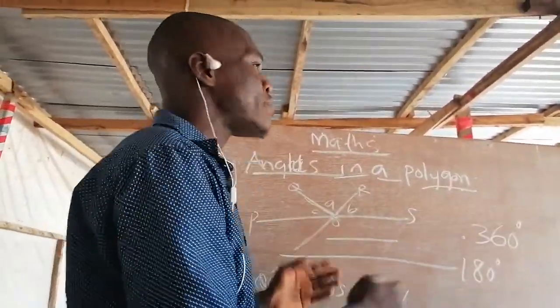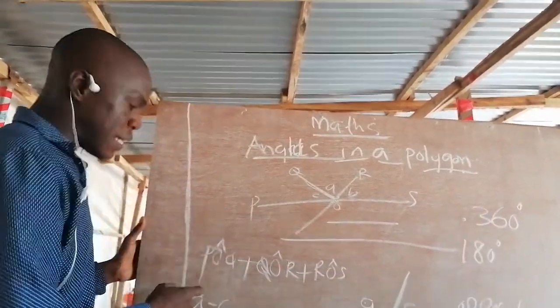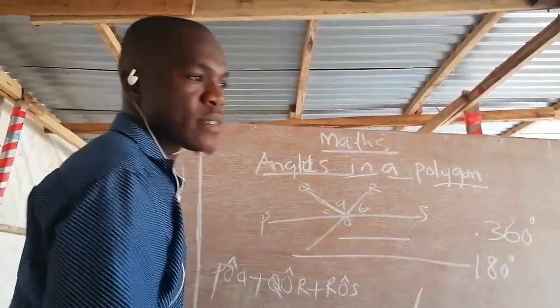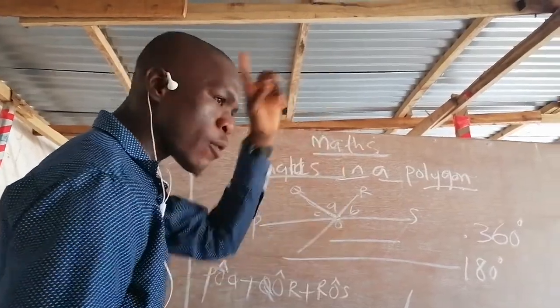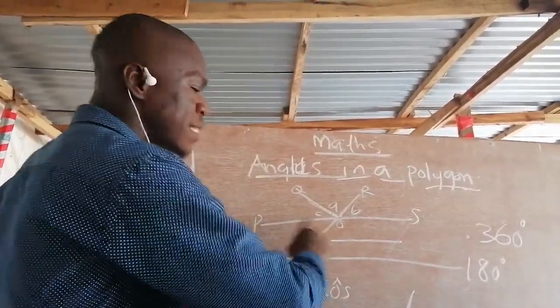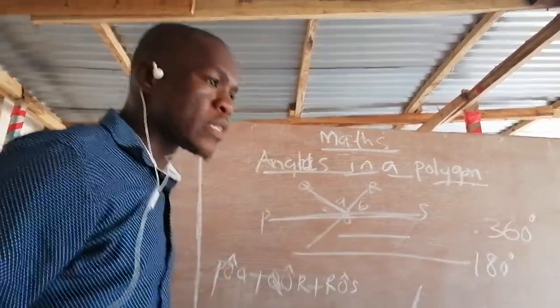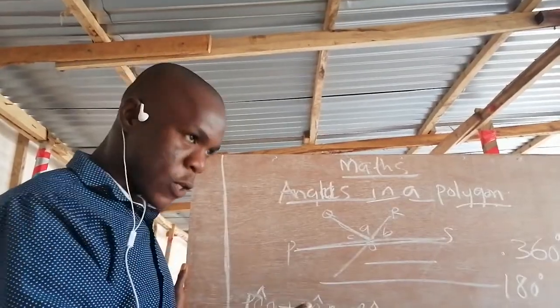If you don't understand this, when you see this mark, it is showing that it's an angle. And this place is where the angle is. It can be angle 60, angle 30, angle 45, angle 90. But it must not exceed 180, because we are using a straight line. Angle on a straight line is equal to 180 degrees.